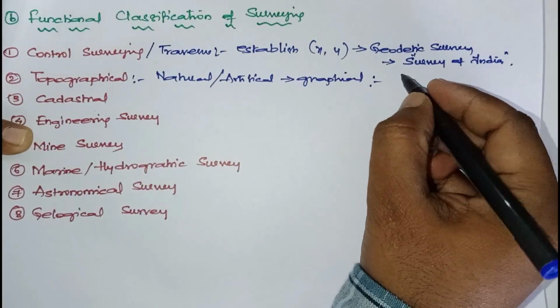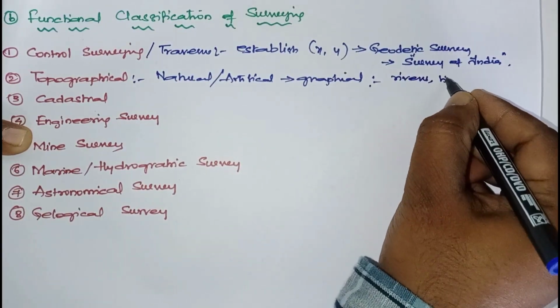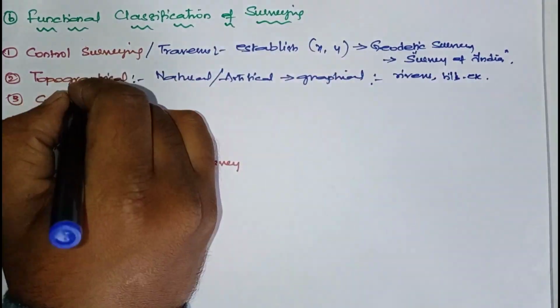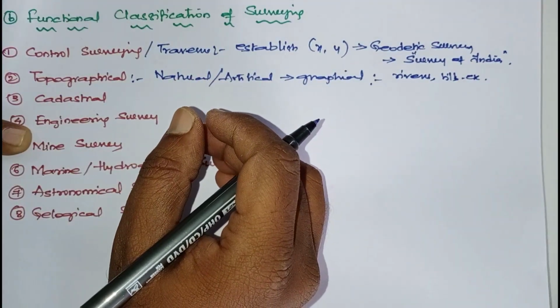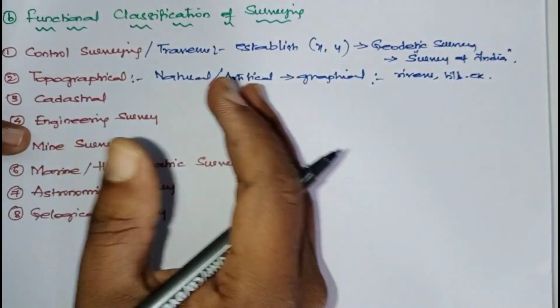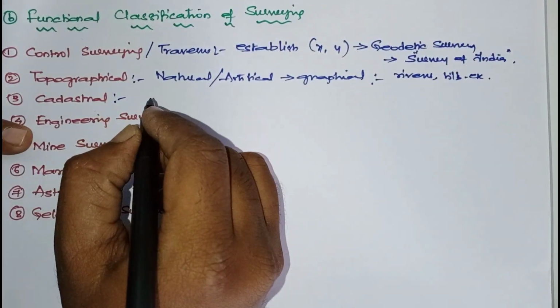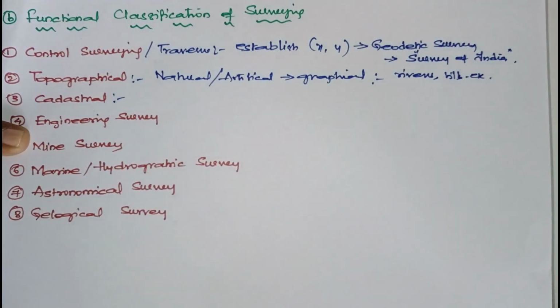Some topographical maps also have contour maps. Contour maps mean you will have levels. Based upon those levels, we find whether it is a water body or a hilly area.